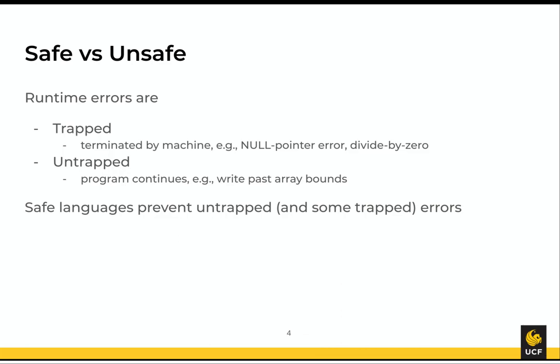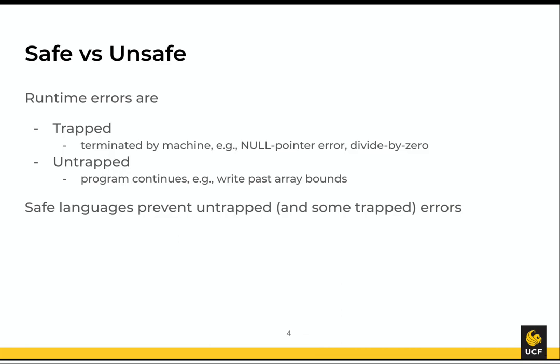So, safe versus unsafe. We can categorize the kinds of runtime errors you get into two kinds: trapped and untrapped. I'm sure you're all very familiar with trapped errors. These are the kinds of errors where the processor, if you're programming in C at the machine level, will actually stop and give you the error. This is why you get a seg fault.